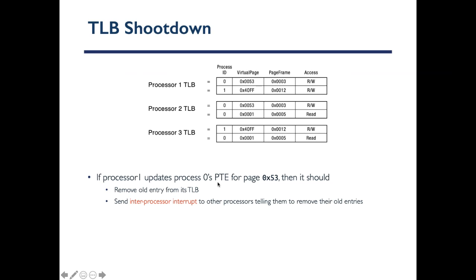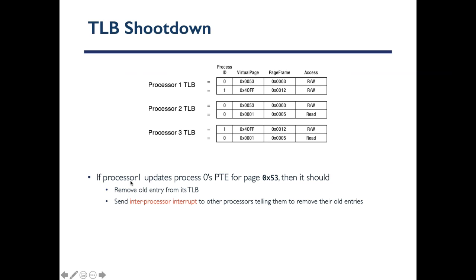Now remember, we wanted to keep TLBs consistent with page table entries. What happens if you want to change the page table entry for process 0, and you want to update it, and let's say you're doing it on processor 1?